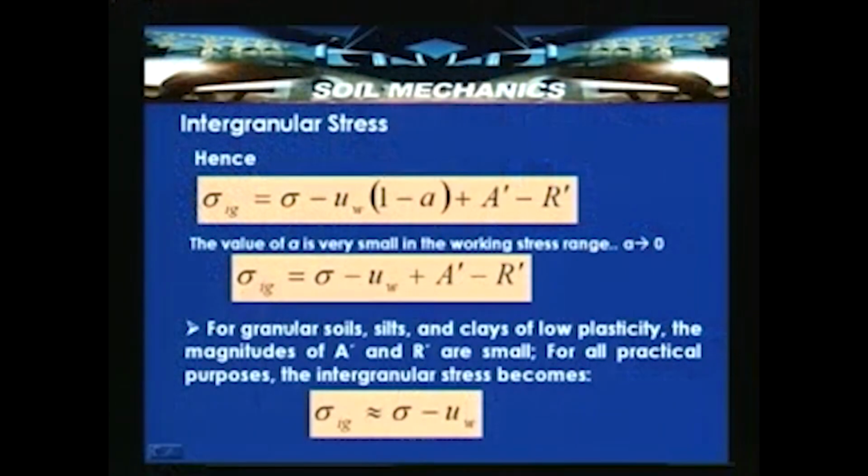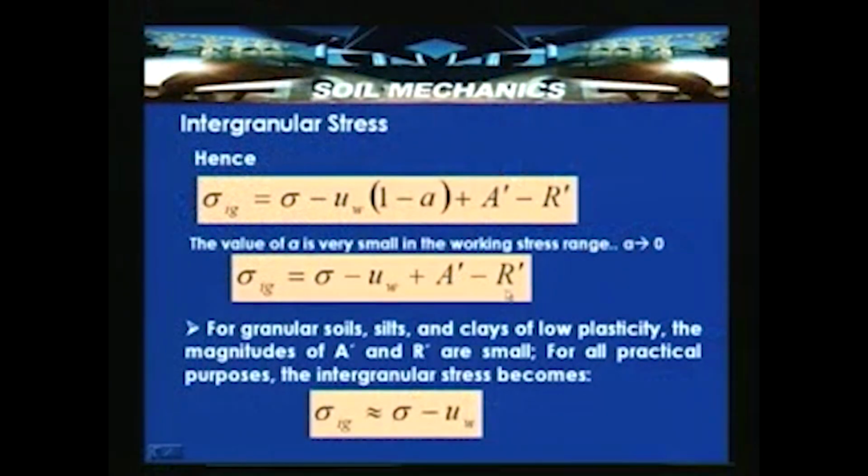So, we can write sigma Ig is equal to sigma minus Uw plus A dash minus R dash. So, for granular soils like sands and gravels, and silts and clays of low plasticity, that means lean clays, the magnitudes of A dash and R dash are small.